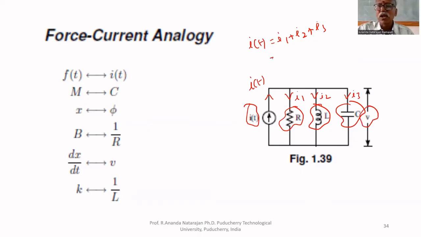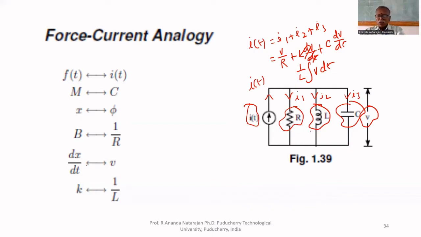Applied voltage is V. Therefore, I1 equals V by R. I2 equals 1 by L integral of V dt, the current through the inductor. Plus C dV by dt, the current through the capacitor.